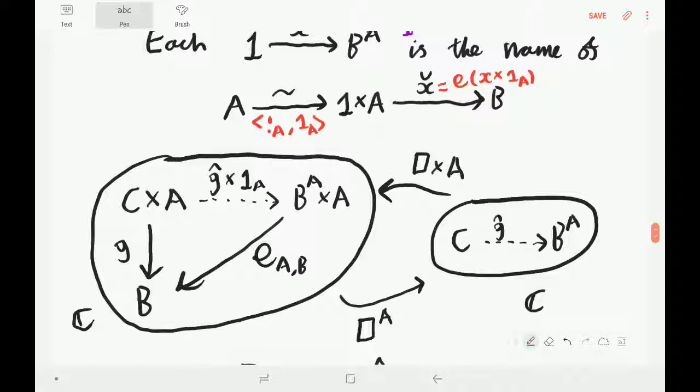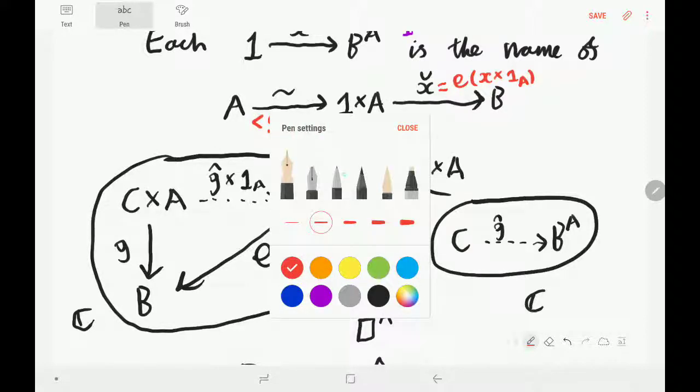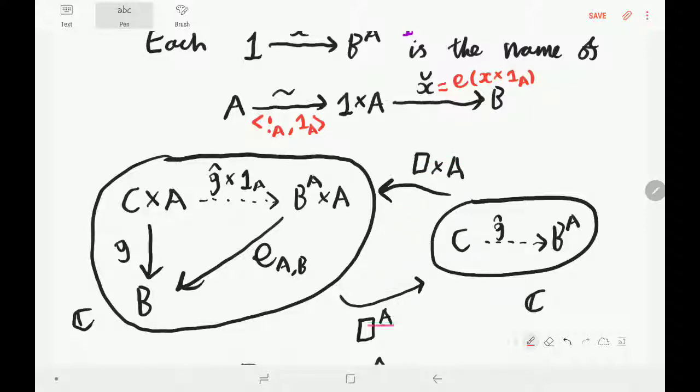So there's really an exponentiation functor, and more concretely, this is the right adjoint to our product functor. This will make sense if you followed my video on adjoint functors. If you haven't, don't worry, because we're not going to rely on adjoint functors too much.